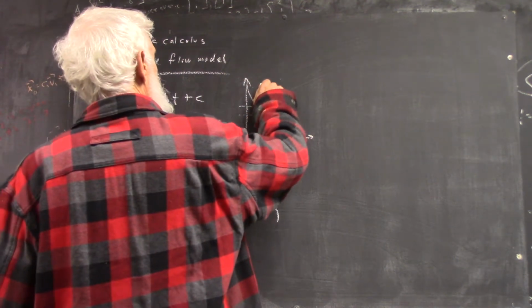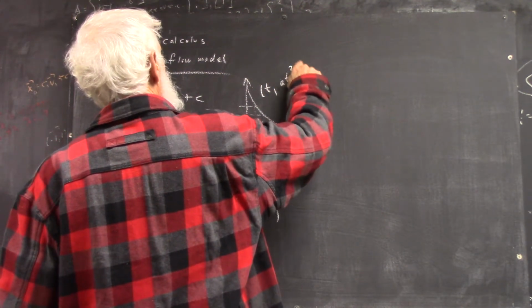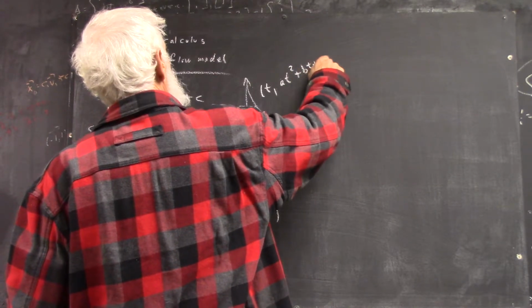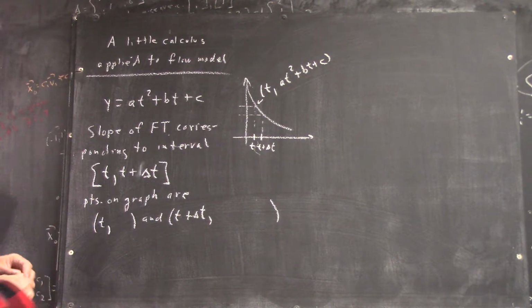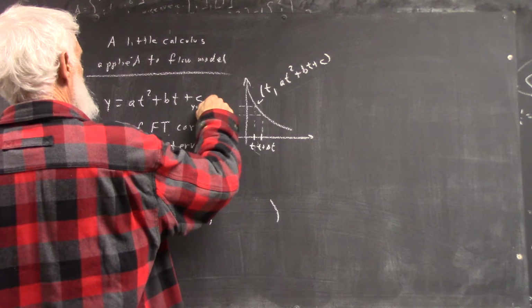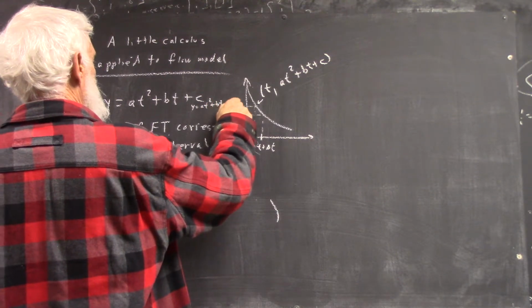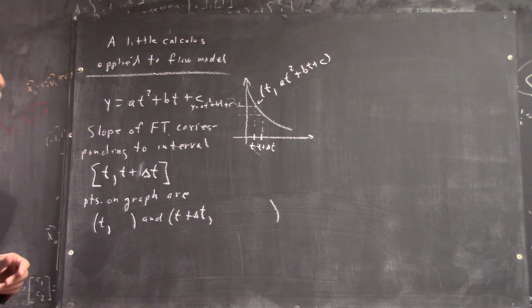So the coordinates of this point are t and at squared plus bt plus c, right? And here y equals at squared plus bt plus c. Didn't leave myself room to write that, and the next one's going to be even worse. Okay?